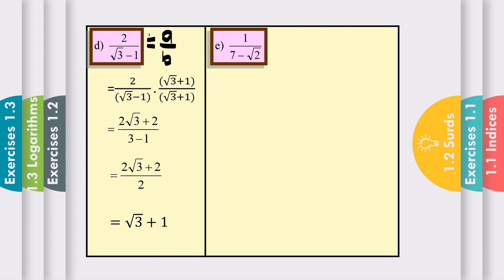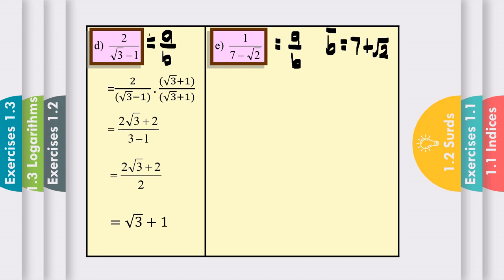So we try another question. E. 1 over 7 minus square root 2. So we can say that it's still the idea of A over B, which is the conjugate of B here is 7 plus square root 2.